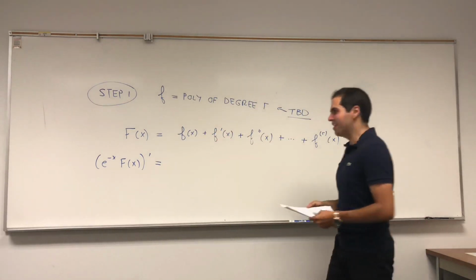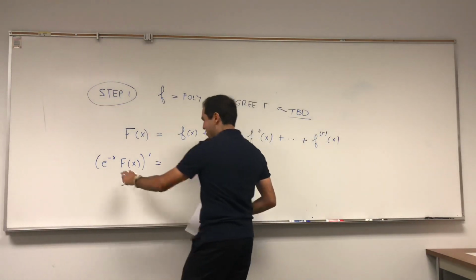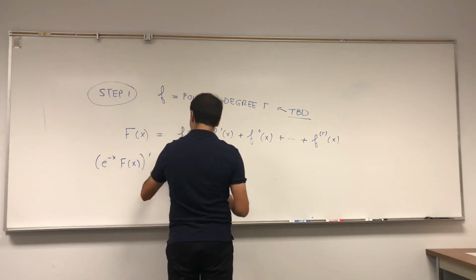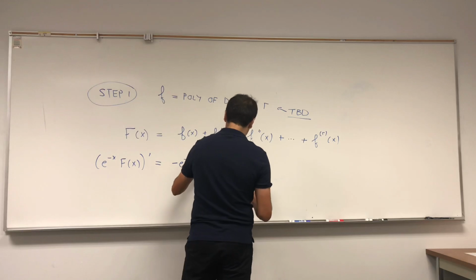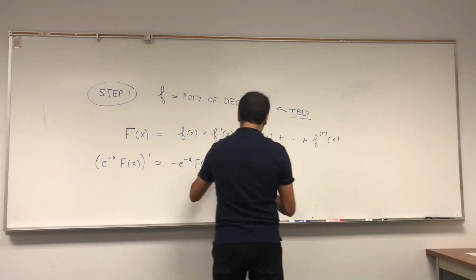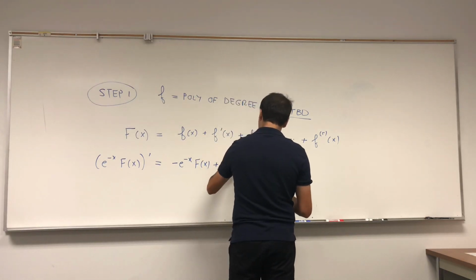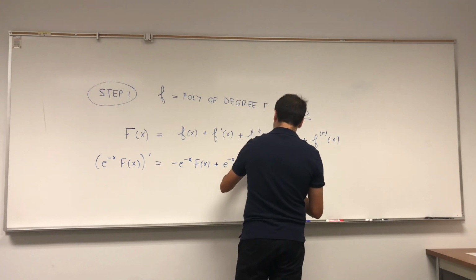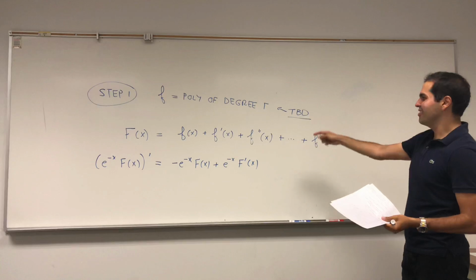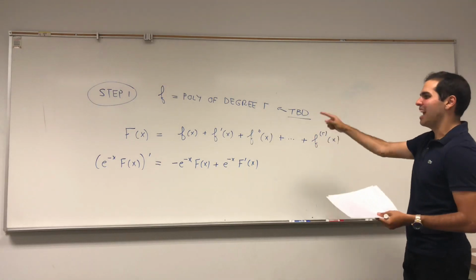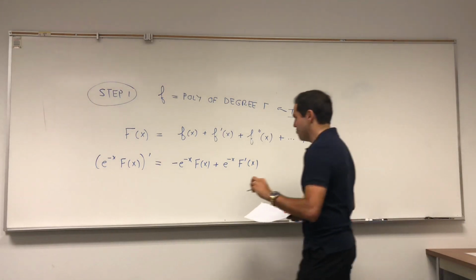So let's use the product rule and the chain rule. So the derivative of that is minus e to the minus x, capital F of x, and then plus e to the minus x, capital F prime of x. And it turns out, you'll see there's a nice relationship between capital F and capital F prime.